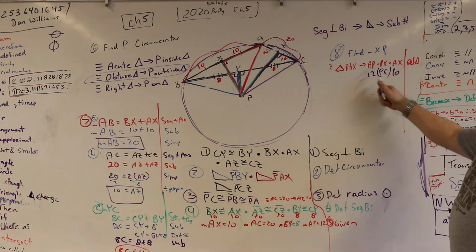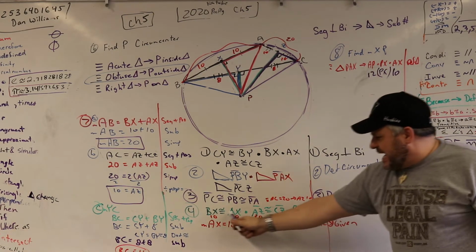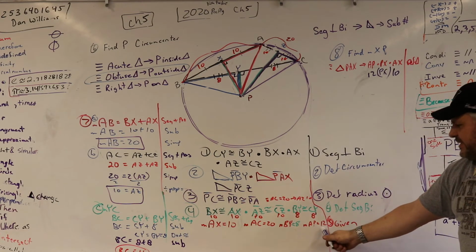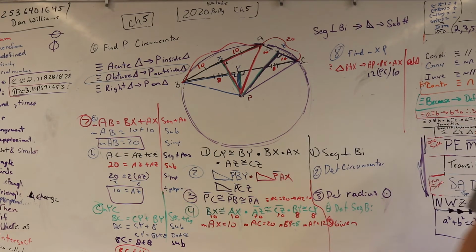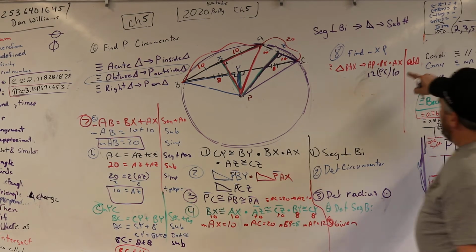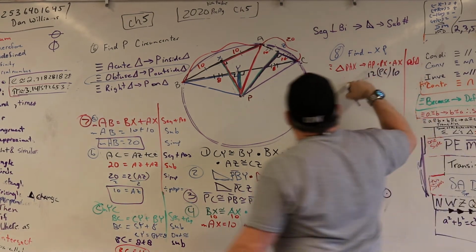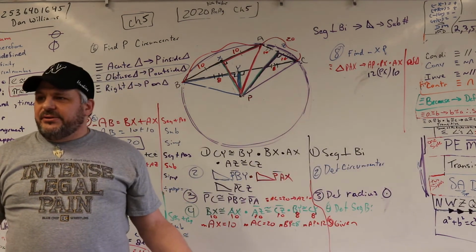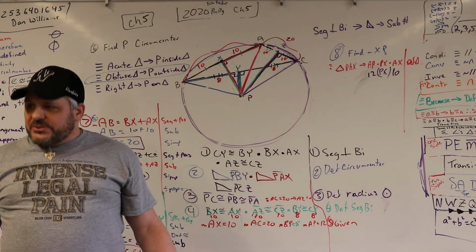They gave us that in the given, okay? So we know that one of the sides is 12, the other side is 10, right? So what do we know about right triangles? Pythagorean theorem. A squared plus B squared equals C squared.